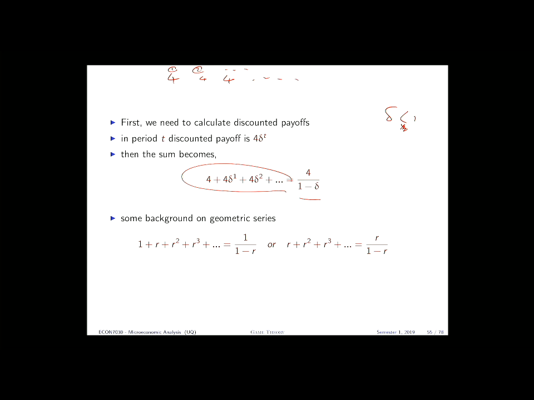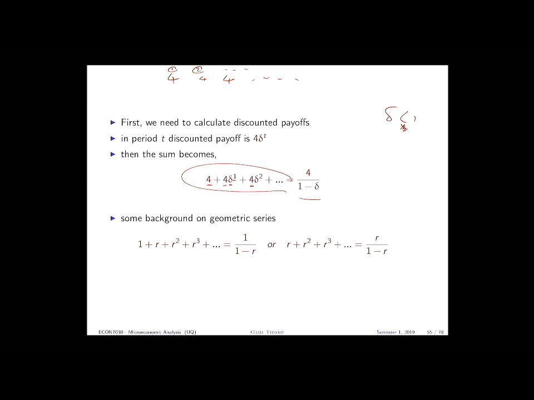Now we want to discount these numbers and see what would be the sum. In period 0, obviously 4 will not be discounted because it's the current period. In period 1, it will be discounted by this discount factor to the power of the period, which is 1, times the payoff, which is 4. In period 2, it would be 4 times delta to the power of 2, and so on till the end.